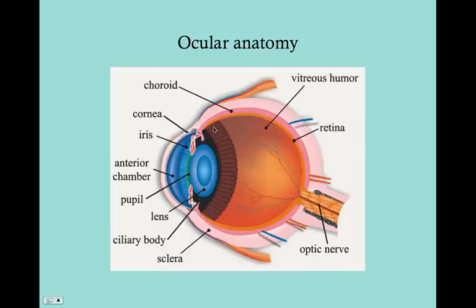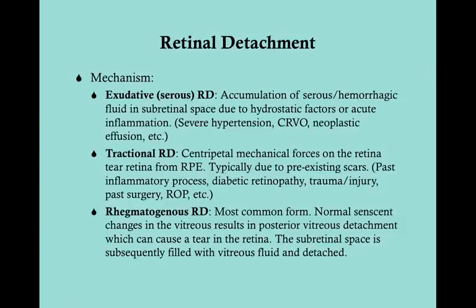I also want to point out the vitreous humor. That's going to play a role in one of the mechanisms of how you can develop retinal detachment. There are 3 different ways you can develop retinal detachment. The most common is rhegmatogenous retinal detachment, but there are 2 other ways you can develop it.